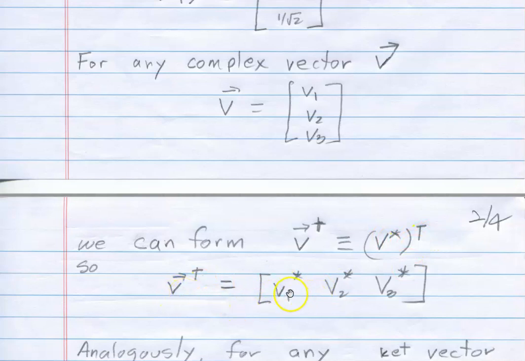If I've got V1, V2, V3, then V dagger, sometimes called the Hermitian conjugate, is the row vector in which each component is the complex conjugate of the components of the column vector.